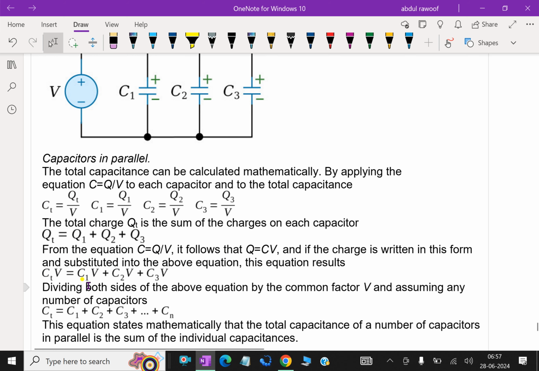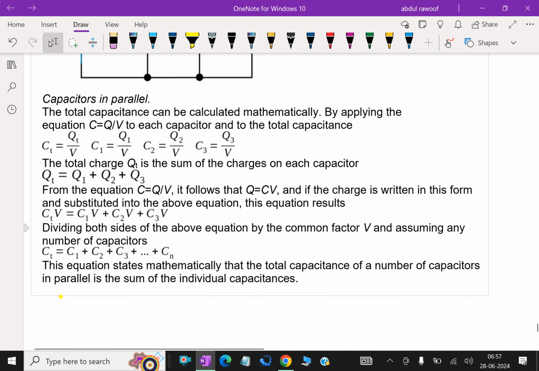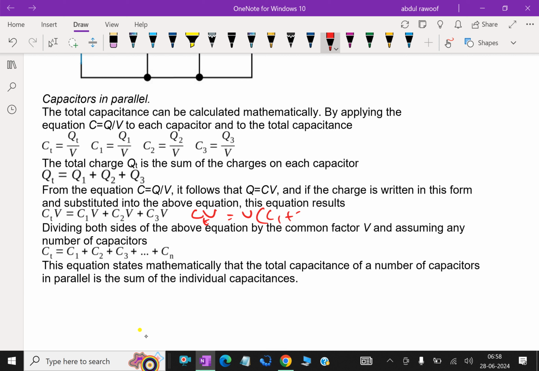Take out V common and V cancels, and therefore C equals C1 plus C2 plus C3 plus Cn. Look here: CtV equals V times the bracket C1 plus C2 plus C3, then V and V cancel, which gives C total as C1 plus C2 plus C3.